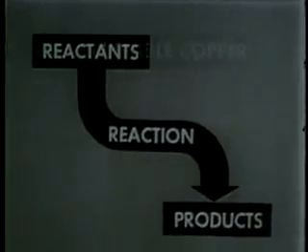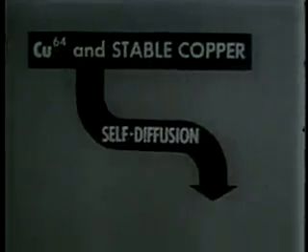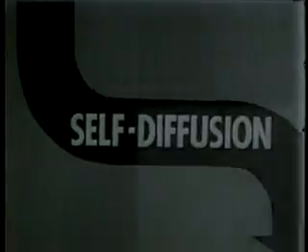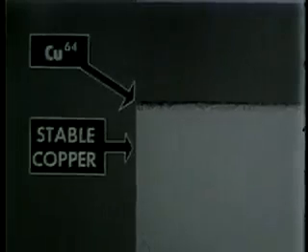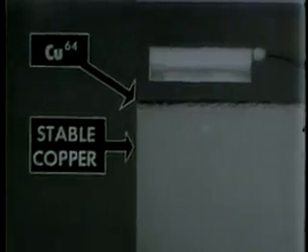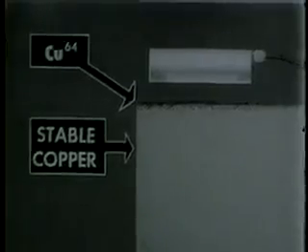The copper block will be kept in an argon atmosphere at a constant high temperature. Since under the experimental conditions there is no other avenue of movement for the radioactive copper, a decrease in surface activity is evidence for the diffusion of the copper-64 into the block.